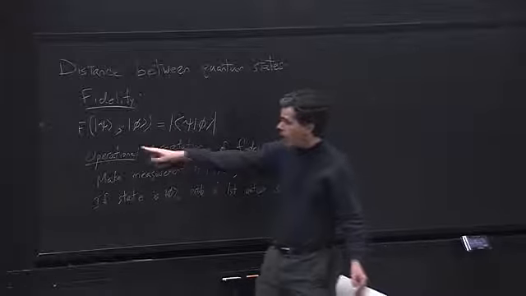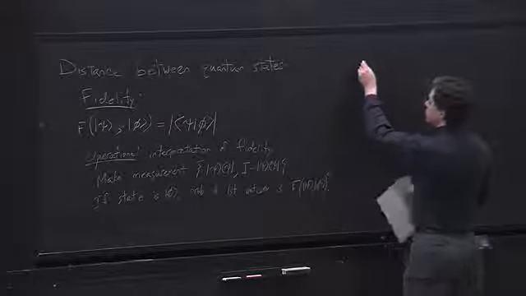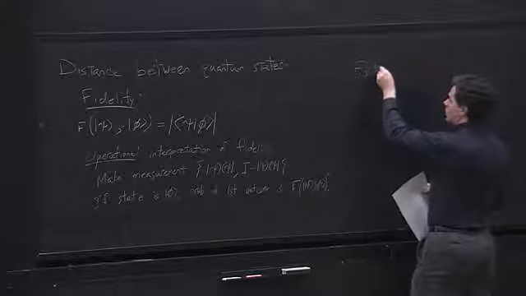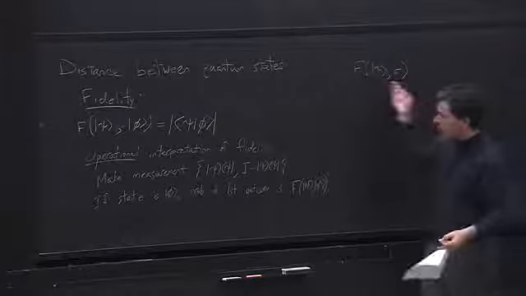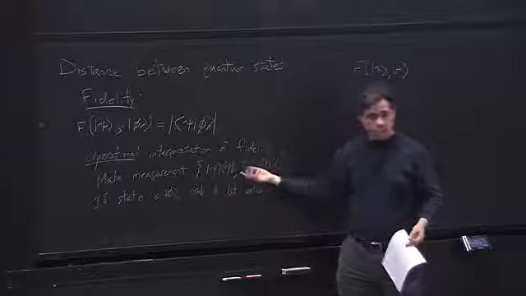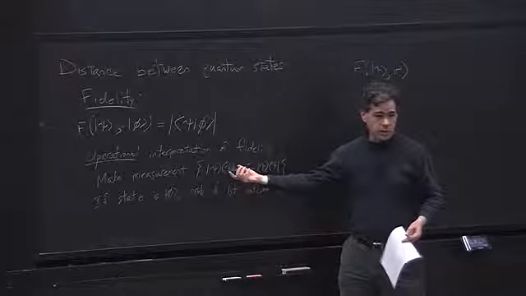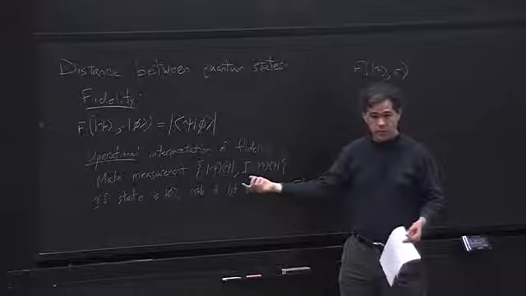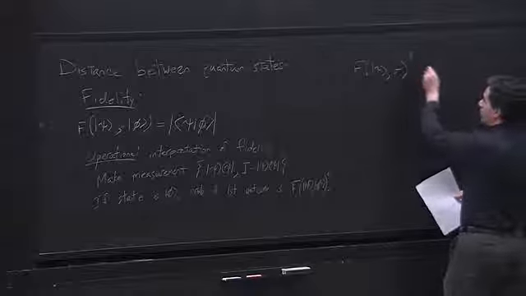Suppose we have psi and some mixed state sigma. Well, again, if we think it's probably psi, we can do this measurement. And if it's psi, we'll always get the first outcome. If it's sigma, what's the probability of getting the first outcome? Well, that should be the square of the fidelity.